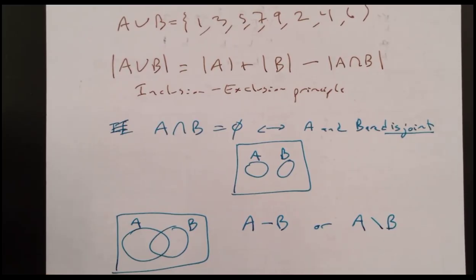I want to do a set idea of subtraction. A take away B. Sometimes we actually use a minus sign. Some textbooks just use a backslash for this. So you'll see this in two different ways. This is sometimes called the complement of B in A.